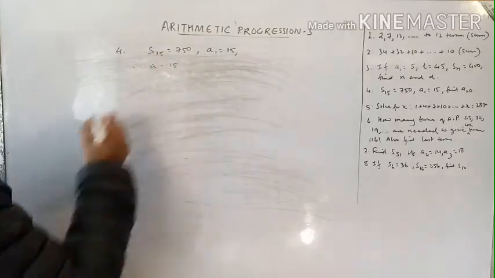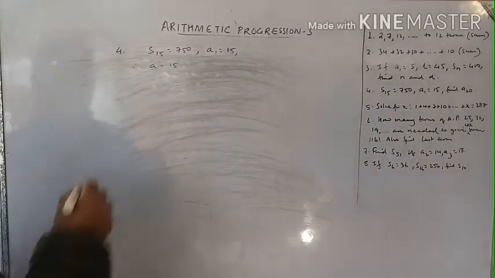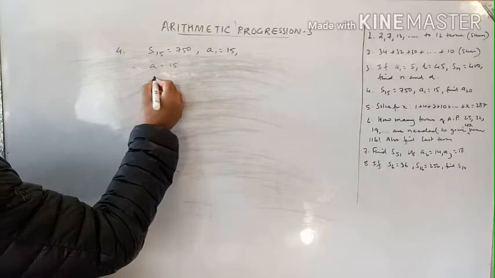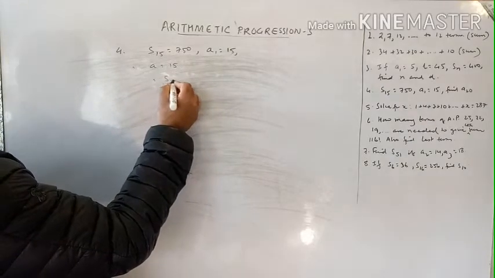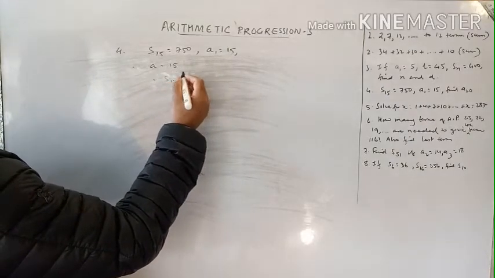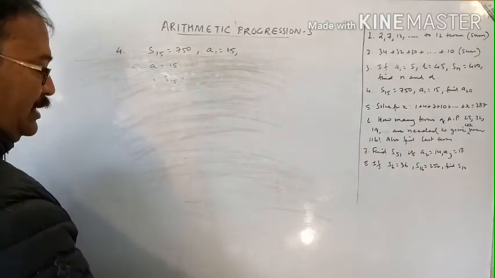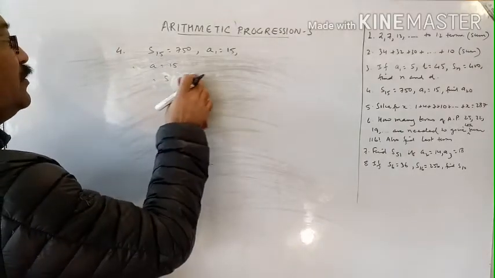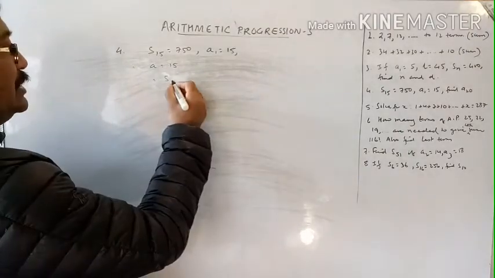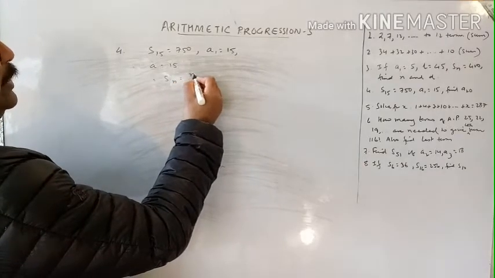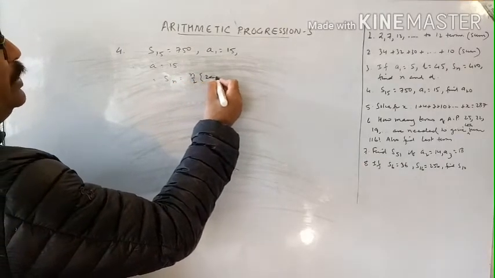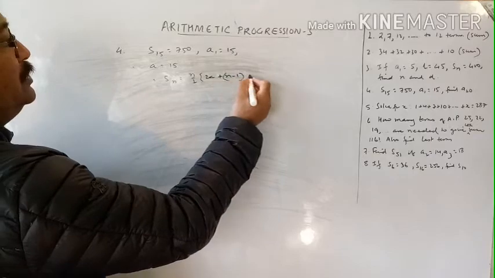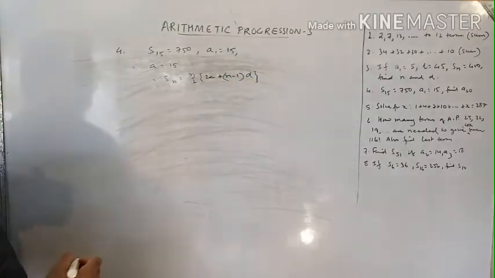So for the sum of 15 terms, S15, first we write the Sn formula, then we can put the values. So Sn equal to n by 2 into 2a plus n minus 1 into d. This is the formula.